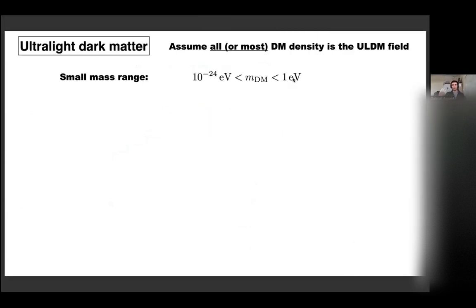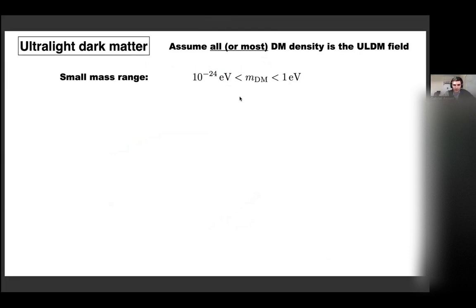Now, what type of dark matter am I talking about specifically? Here, I'll be talking about ultralight dark matter, which is essentially simply dark matter with masses under 1 electron volt, in this range of masses here. For simplicity, I assume that all or most of the dark matter in the universe is made up of this ultralight scalar dark matter candidate.